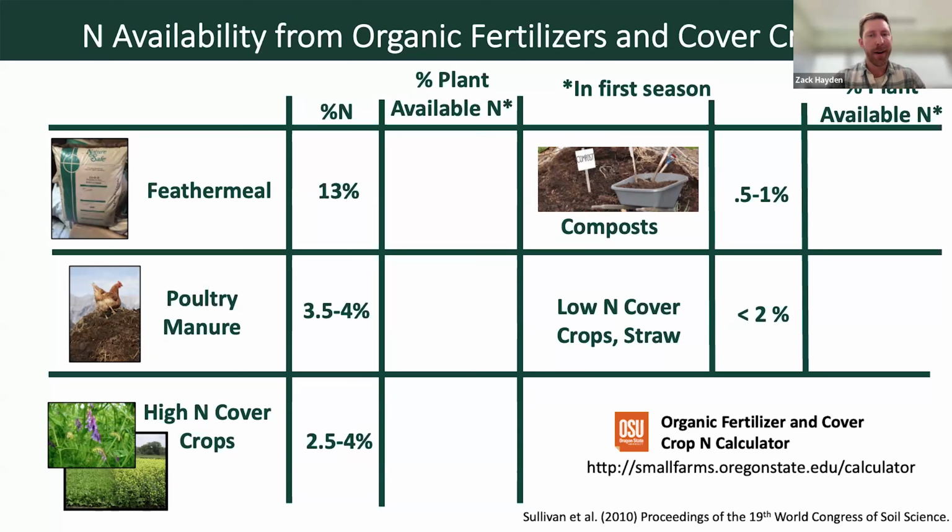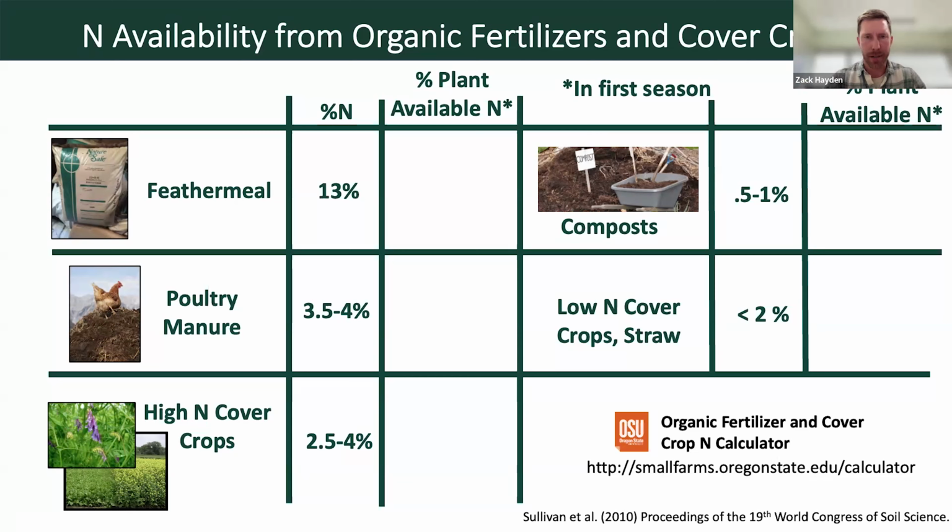But I want to highlight that all this information is based on another old but useful, one of the original resources here, called the Organic Fertilizer and Cover Crop Nitrogen Calculator from Oregon State University. And what it does is it helps you predict how much of the nitrogen in an organic fertilizer or cover crop is likely to become available in the first season.